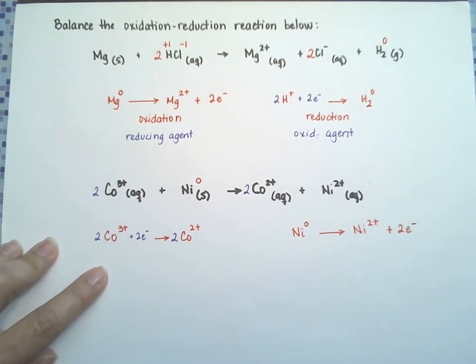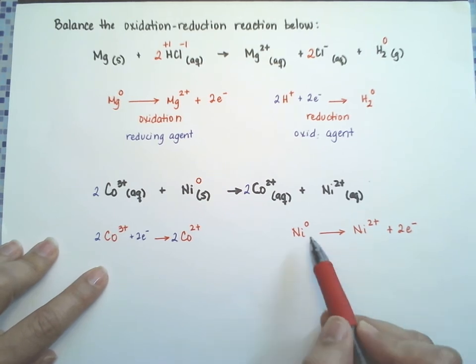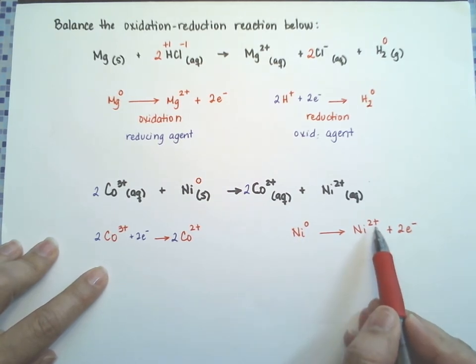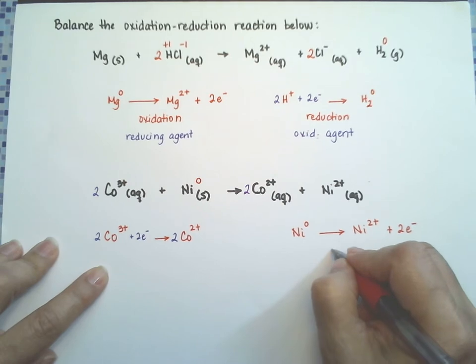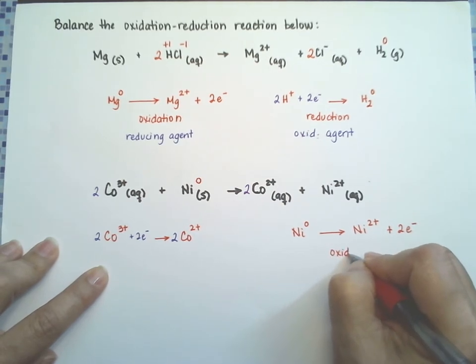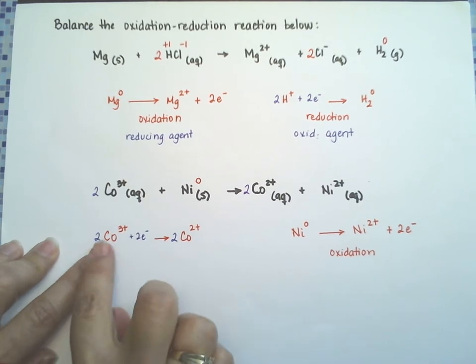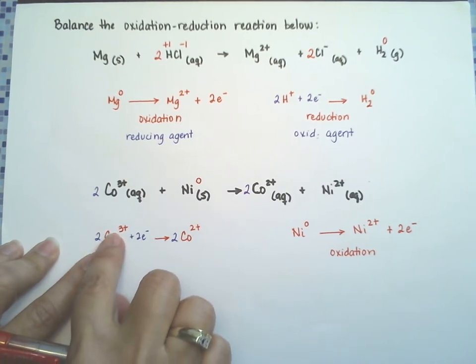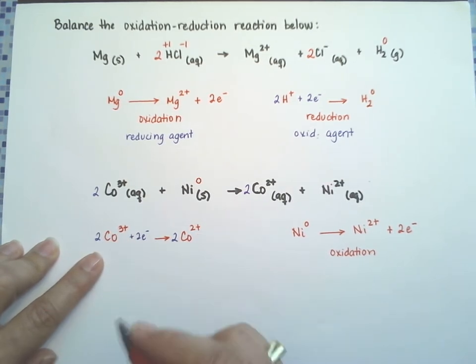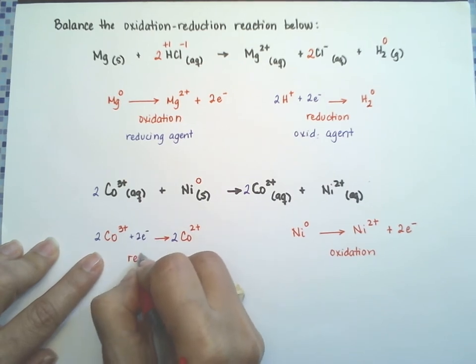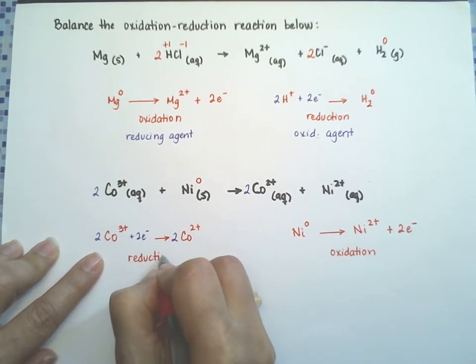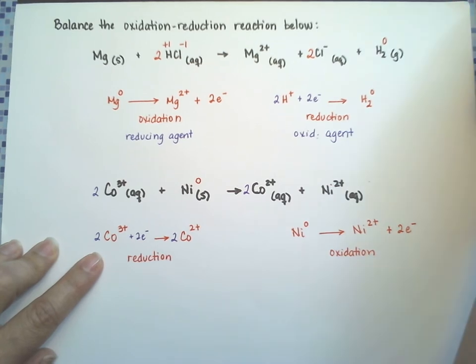In terms of what's happening to them, nickel goes from 0 to a 2 plus. So this is an oxidation reaction. The cobalt gets reduced. It goes from 3 plus to 2 plus. So this is a reduction reaction. Who's the agent for what?